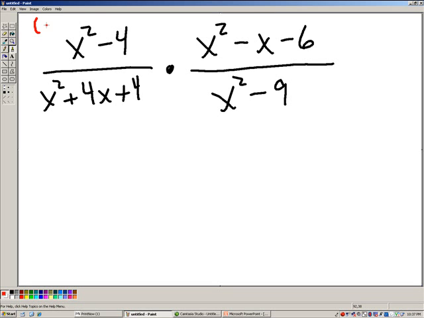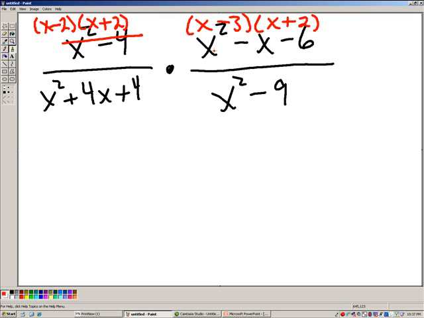So I have x minus 2 times x plus 2 for this difference of squares up here. And then I've got the factors of 6 that subtract to be 1 are going to be 3 and 2. The larger one gets the same sign as the b, the other's opposite, so they subtract. So I've factored the numerators. The x squared minus 4 and the x squared minus x minus 6 don't exist anymore. I factored them. They're now their factors.